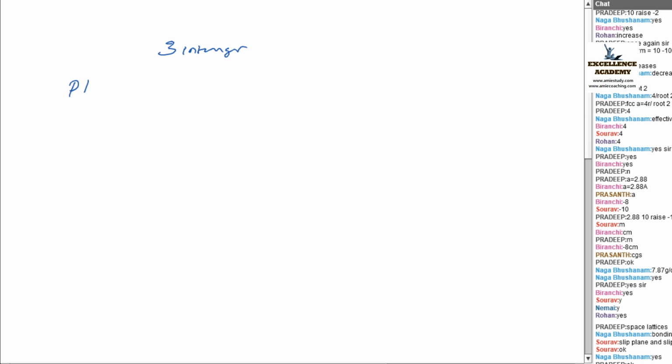In the case of planes and as in the case of direction, these are represented by means of three integers. And how will you differentiate? With the help of the bracket used for its enclosure. In the case of a plane, it is enclosed by parentheses, curved brackets, (h k l), like this.